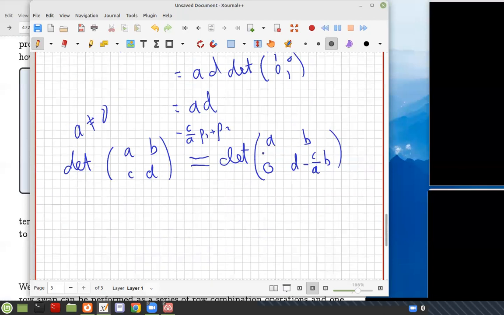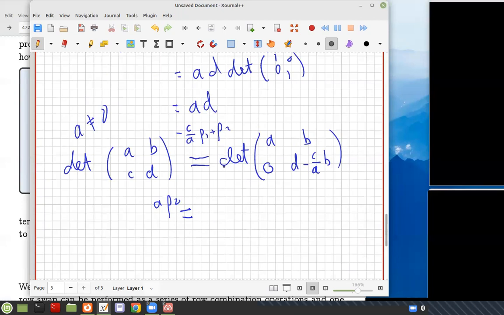Okay, well, what we want to do is see that we can simplify it a little bit by multiplying, say, A times row 2.